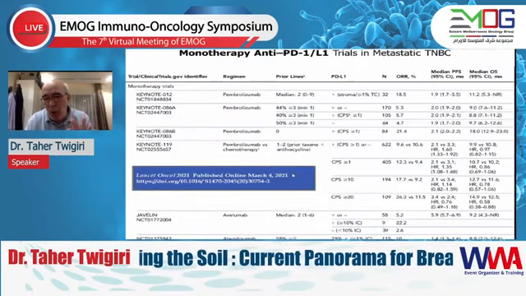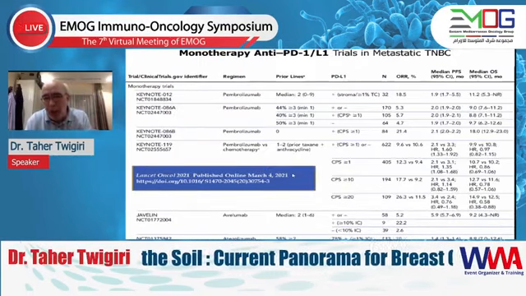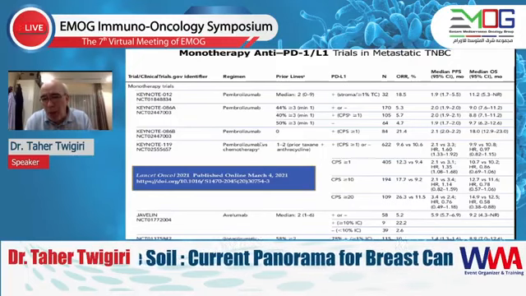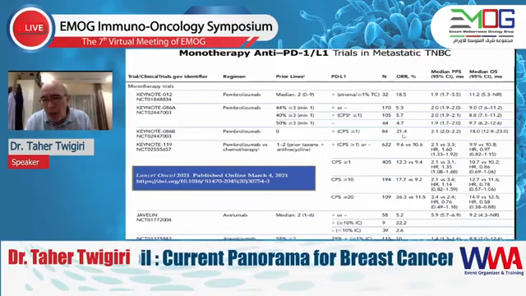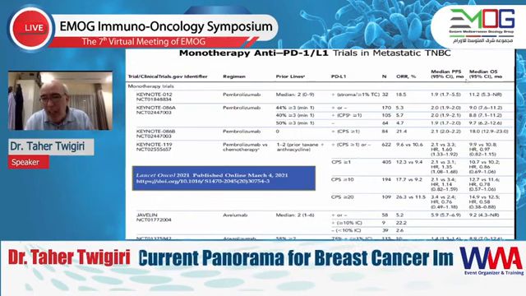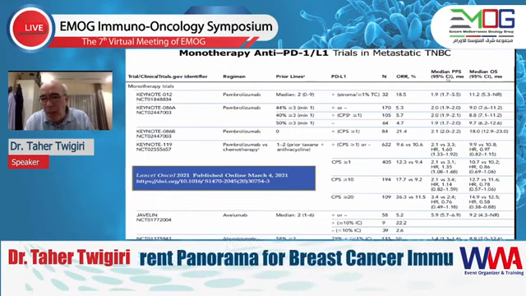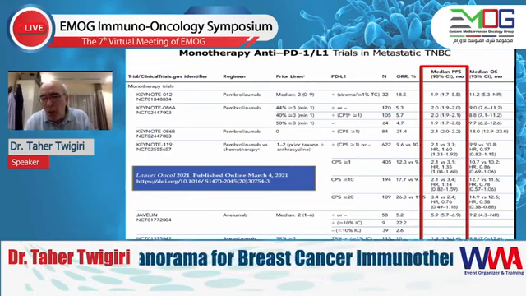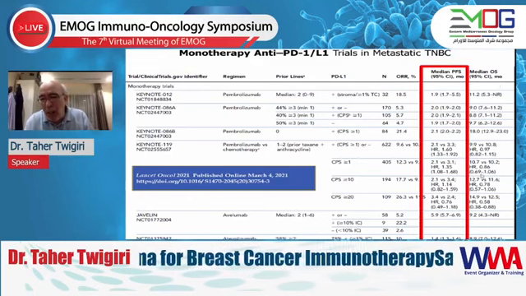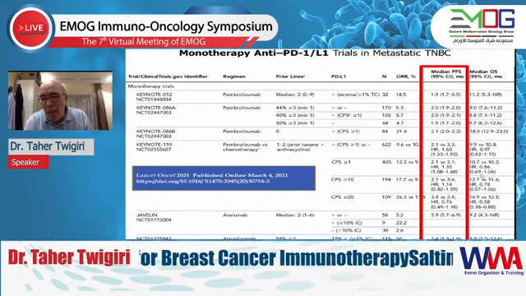Now, just to show this, this is the whole trial that used monotherapy. If you are looking at the response rate, it is not exceeding 10. If you are looking at the median progression-free survival, it is around 2 months. And the median survival is about 9 months.